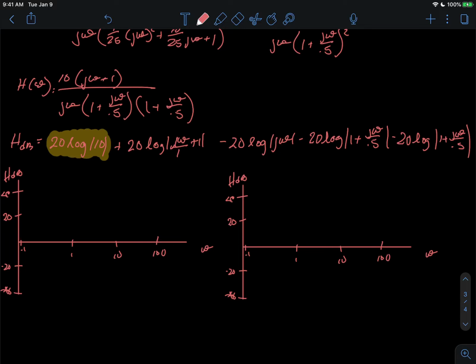So my software cut off, but let me redo this part again. So 20 log of 10 is essentially 20 times 1, so it's going to be 20. So you'll just have a horizontal line at 20 from that.